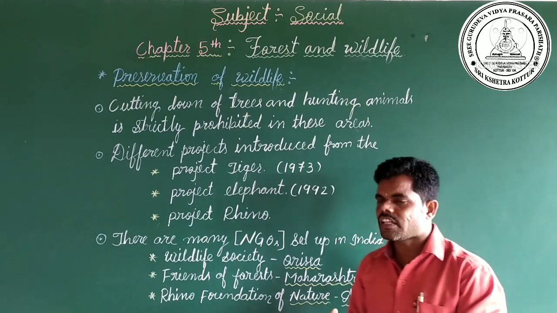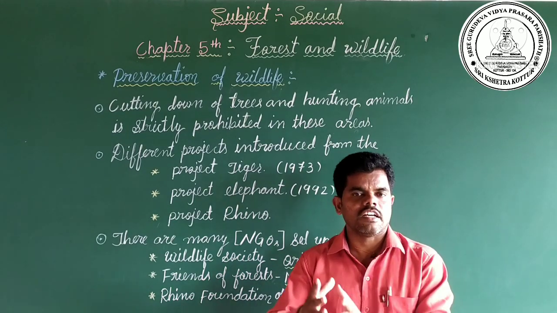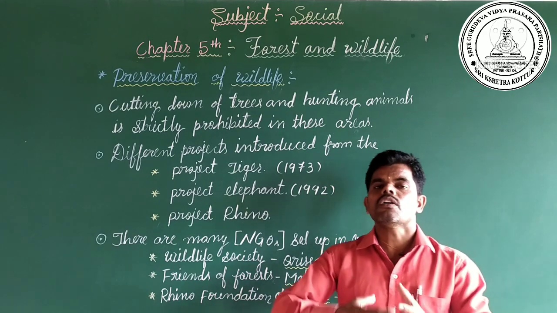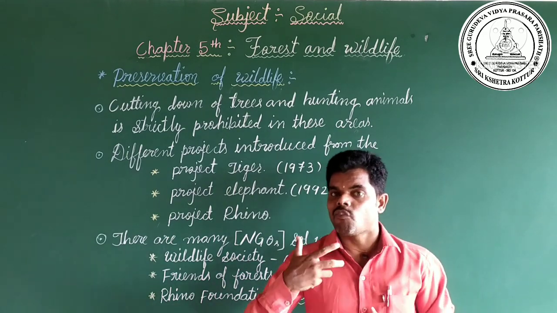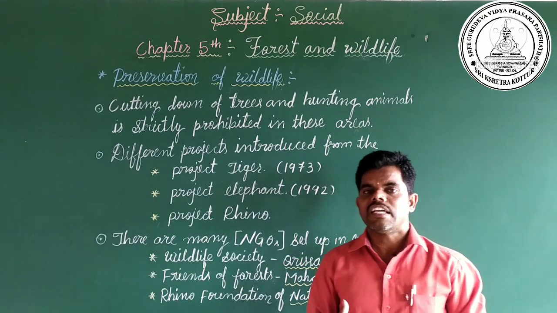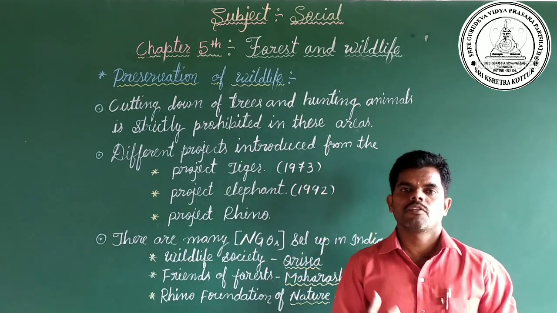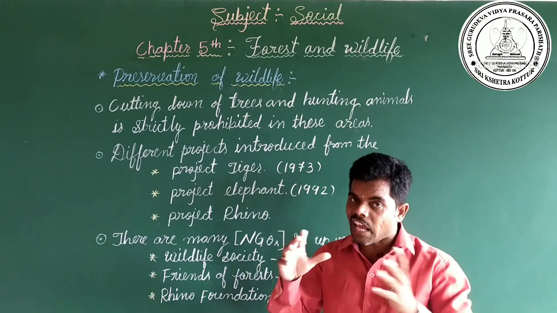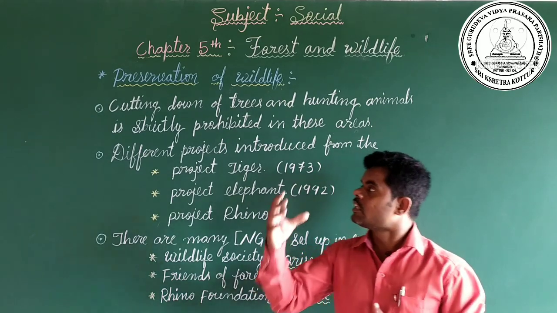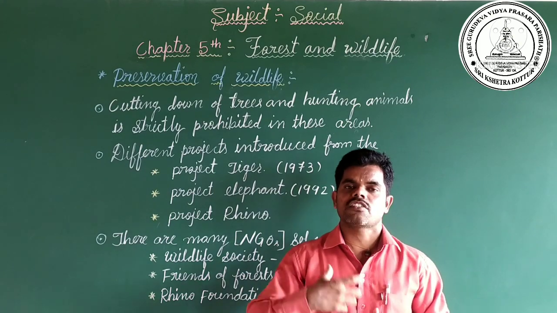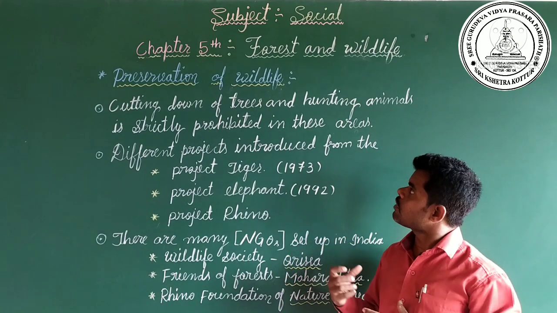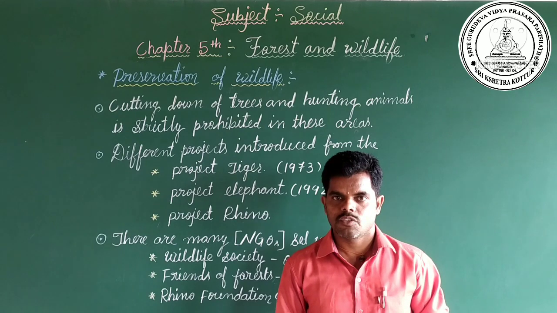These are the important NGOs that create awareness for the preservation of our wildlife sanctuaries, national parks and biosphere reserve areas. These are the important steps our government has taken to preserve our wildlife.